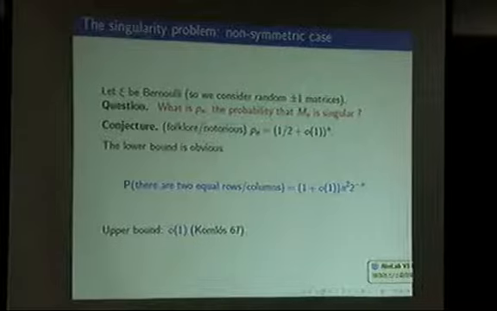It was first proved by Komlós in '67, and his proof is quite long. It's like 10 pages long. I have a very short proof which is just half a page, but I will show it at the end of the talk if we have time left. I will show this proof, just to give you some flavor about the techniques. But even this is not entirely trivial.